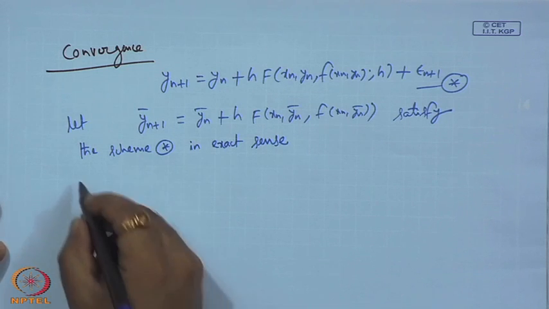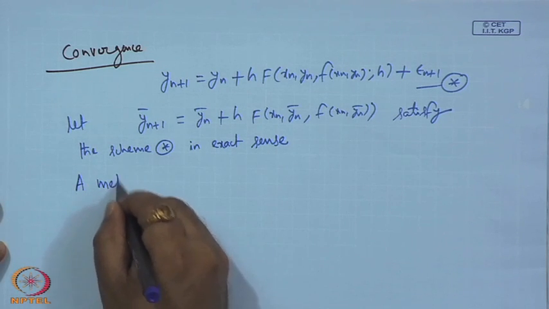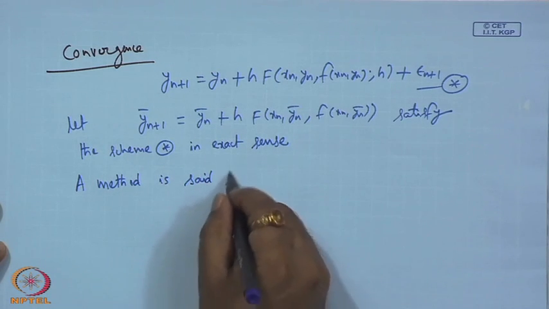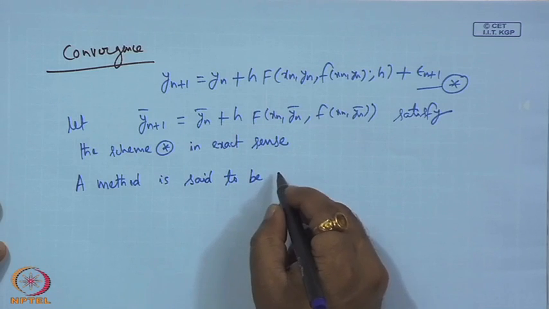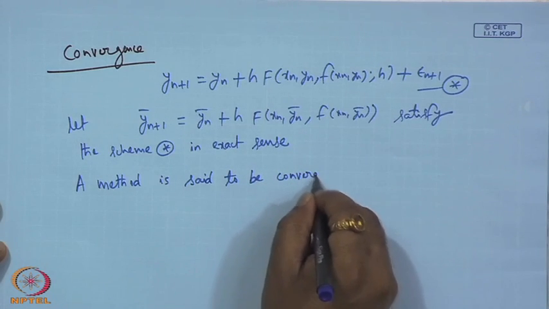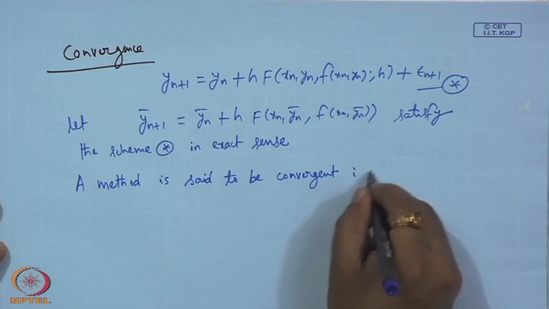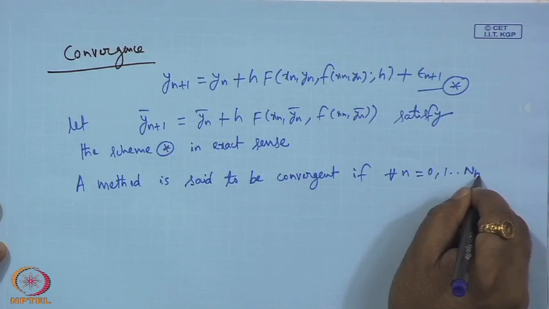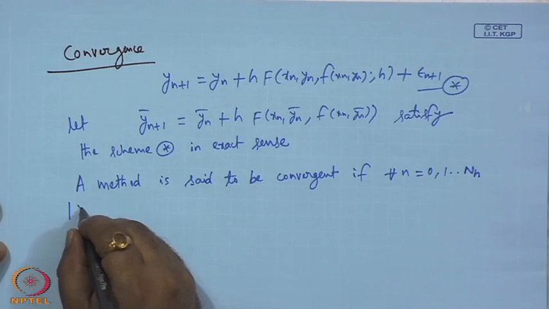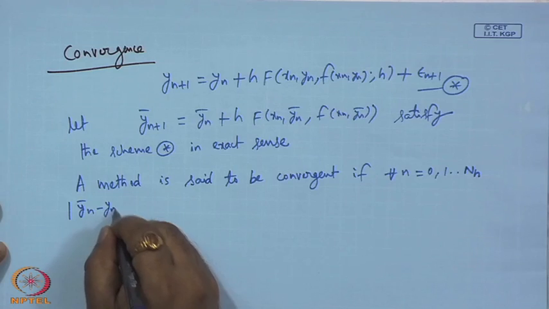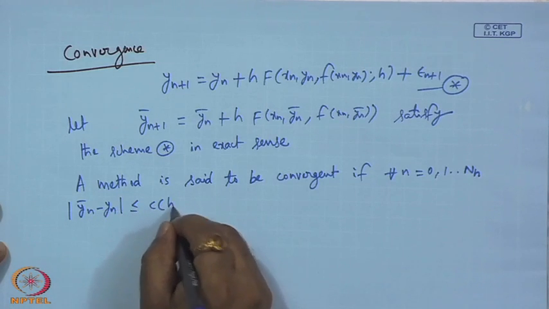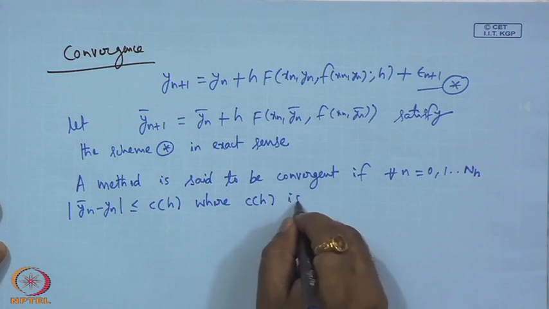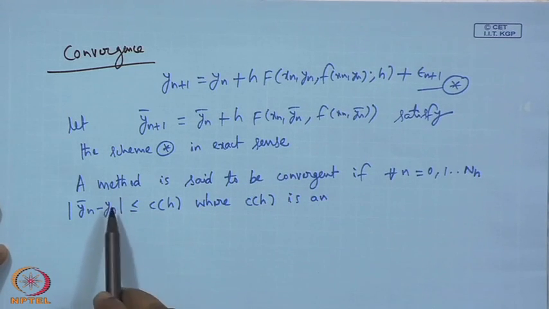Okay. Then the method is said to be convergent if, okay, you can easily guess.